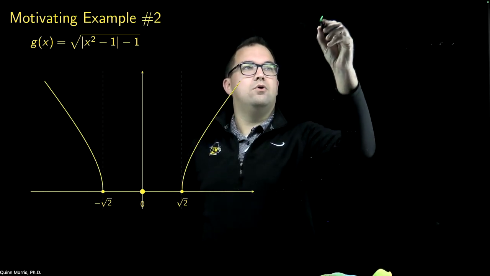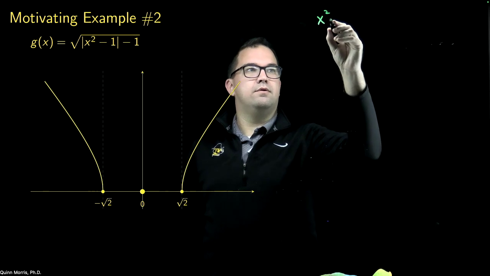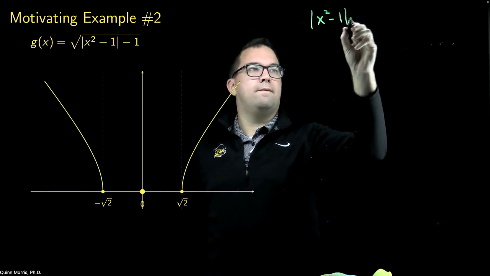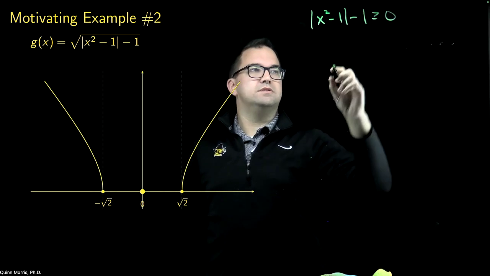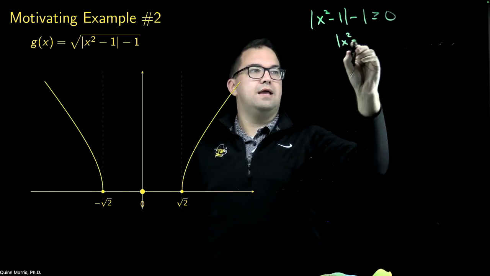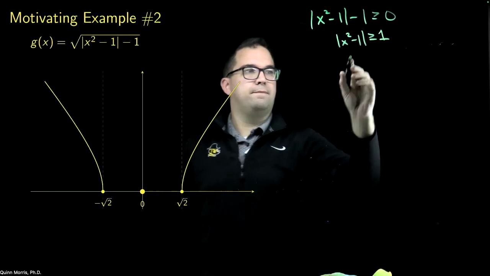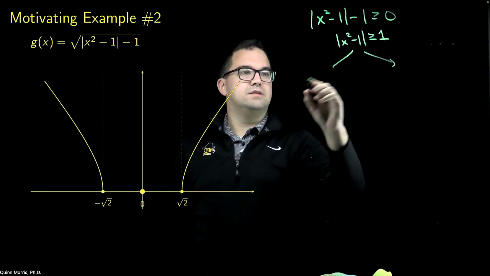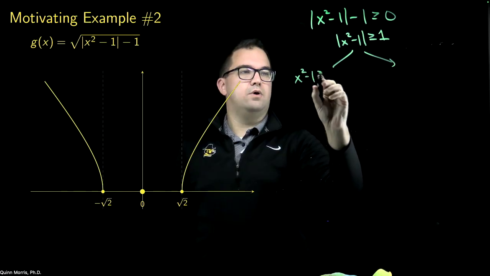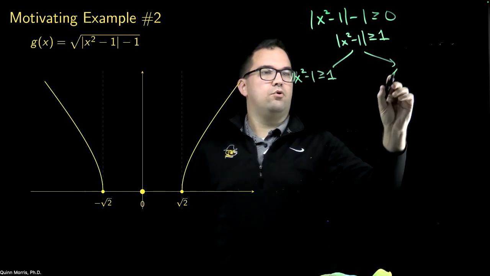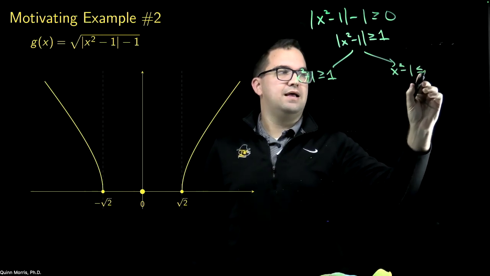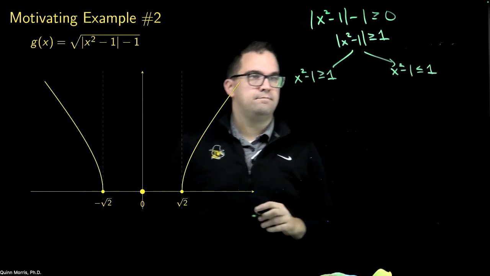So I need to know when the absolute value of x squared minus 1 is greater than or equal to 1. That occurs when x squared minus 1 is greater than or equal to 1, or when x squared minus 1 is less than or equal to negative 1.